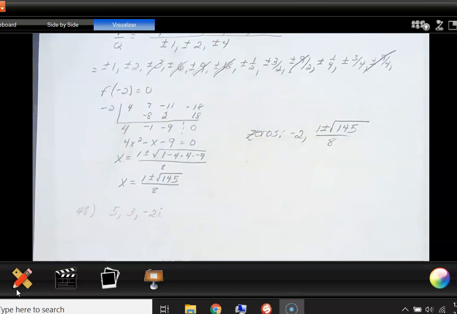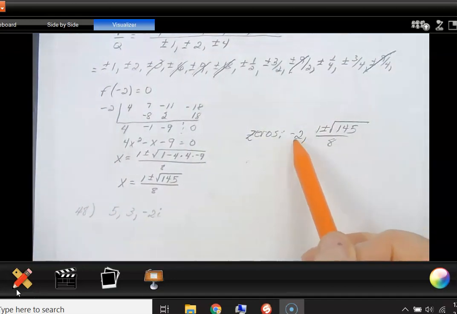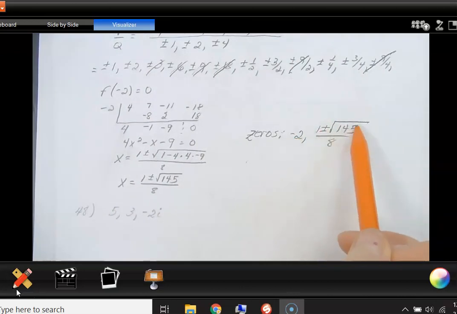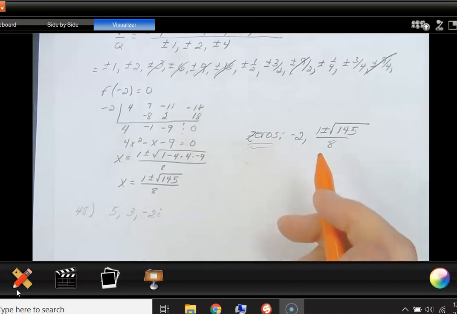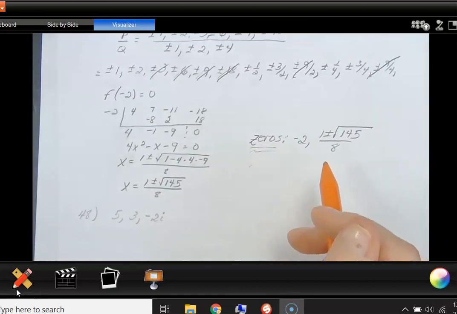Yeah, that doesn't simplify. So there are your 3 roots. You have the -2, and then you have the plus version and the minus version for your zeros. Yeah, that was a treat.